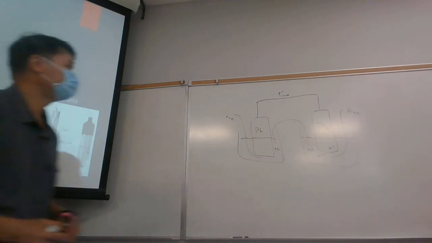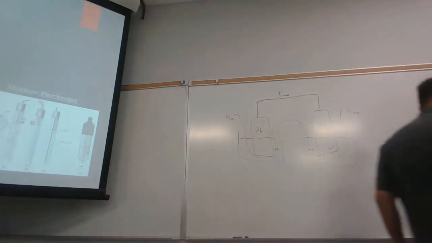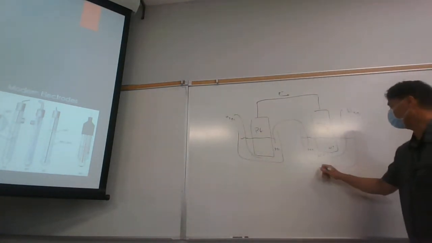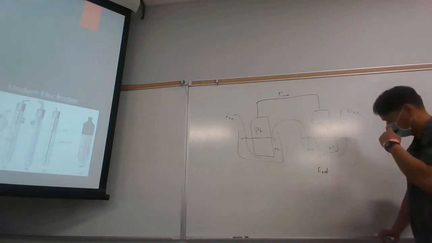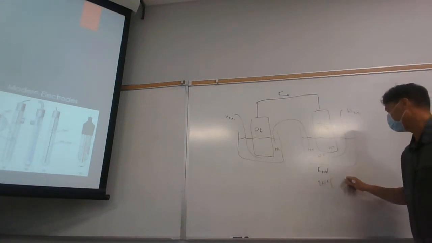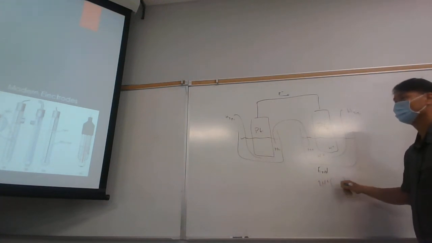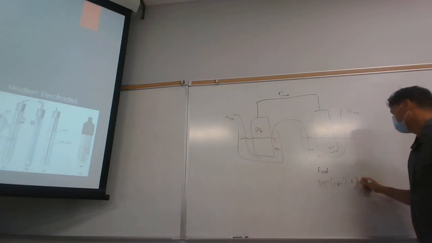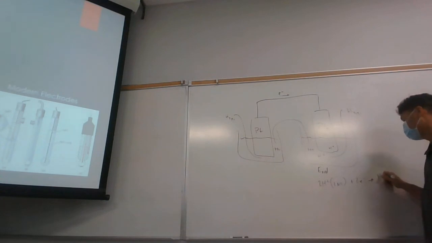And so here, this will be the reduction potential over here. So we'll have 2H plus, and this is going to be at the higher concentration, in this case 1 molar, plus 2 electrons goes to H2 gas.